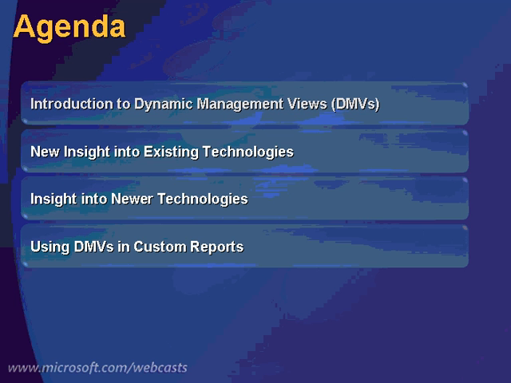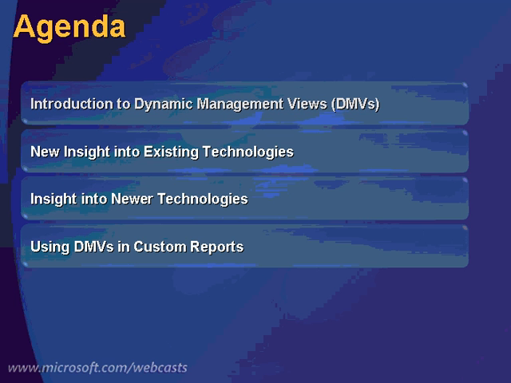I then will show you how it can give you insight into newer technologies, so things that weren't problems before because we didn't have them, but have been introduced with SQL Server 2005, and how we can use DMVs to look at those. And then I want to spend a little time talking about how you can make good use of DMVs.